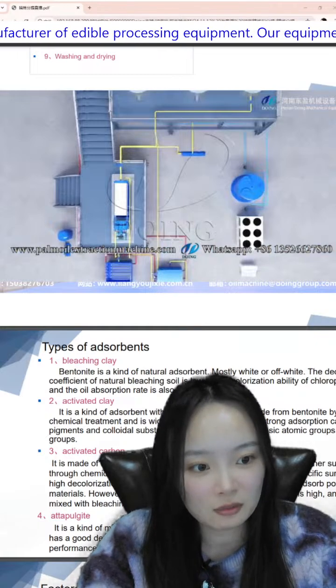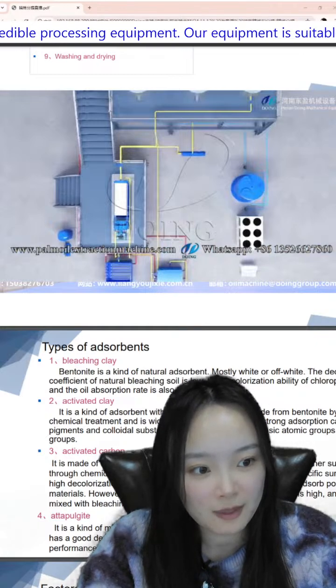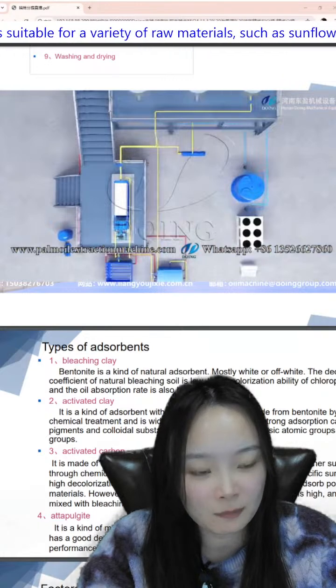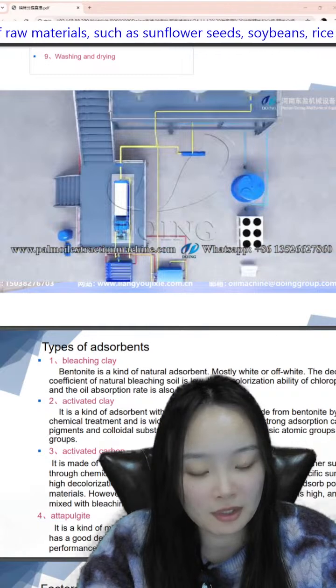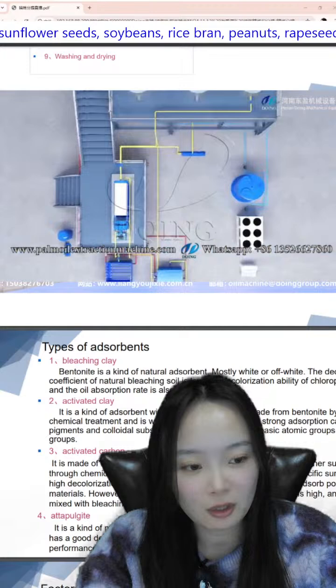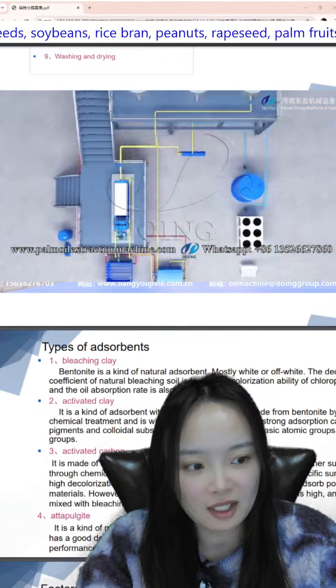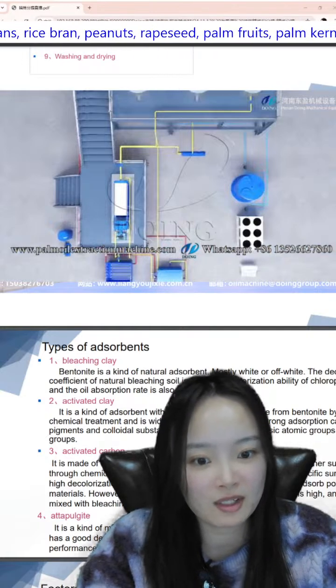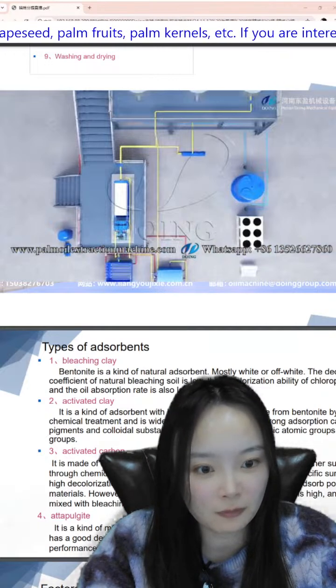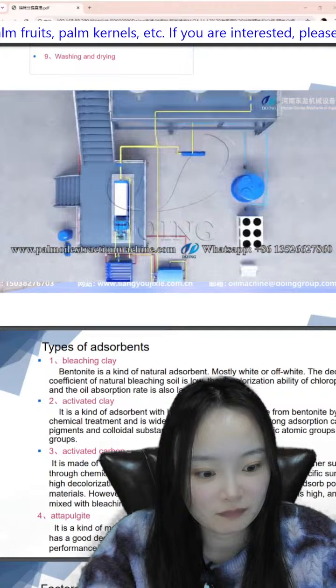It has many pores, large specific surface area, high decolorization coefficient, and has hydrophobicity, which can absorb polymer materials. However, the price is expensive. The oil absorption rate is high, and it is often mixed with bleaching soil or activated clay.